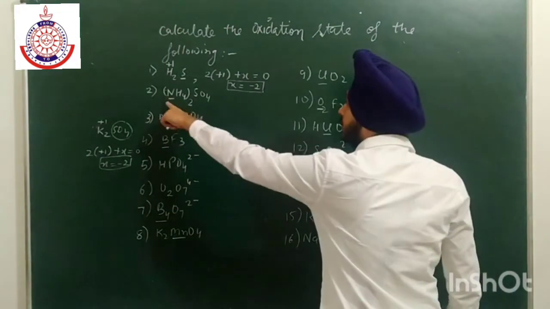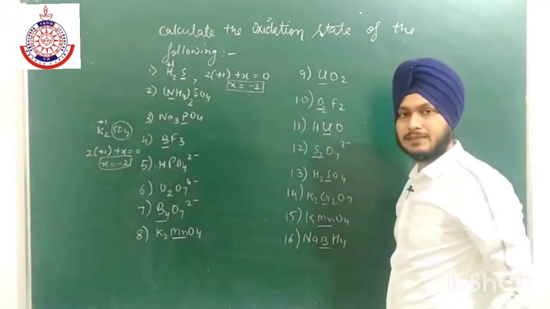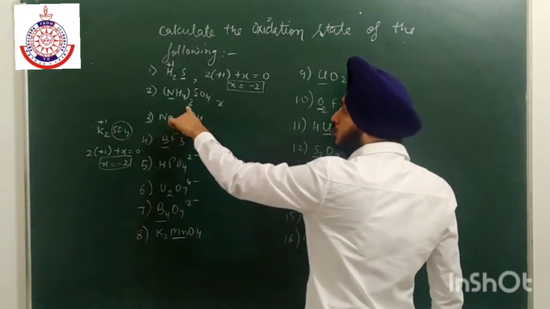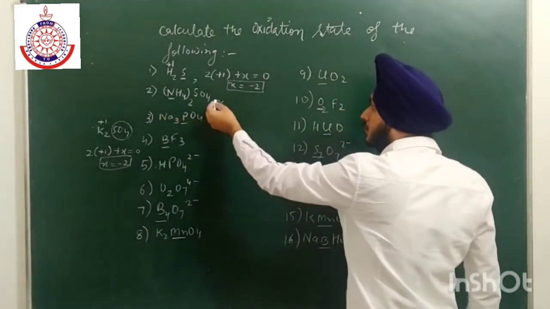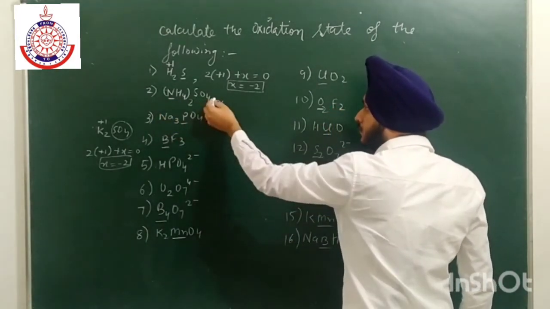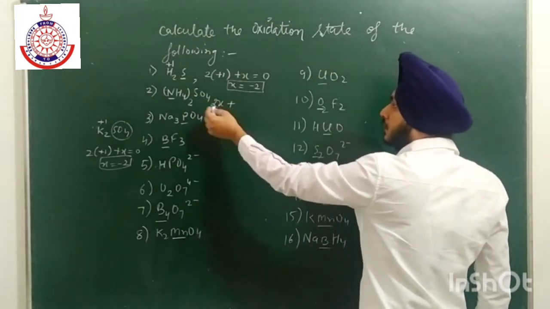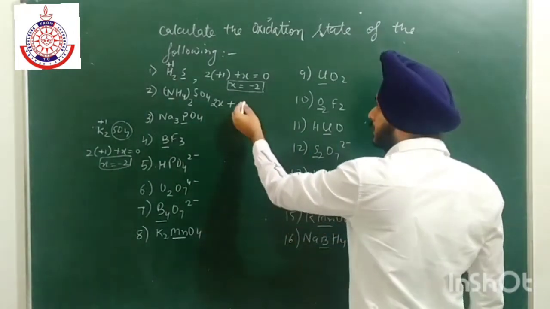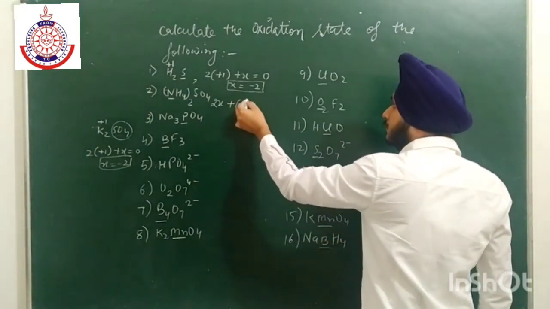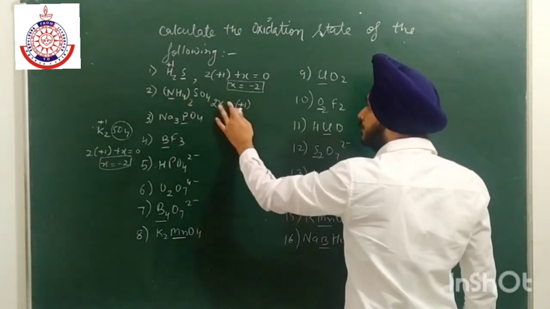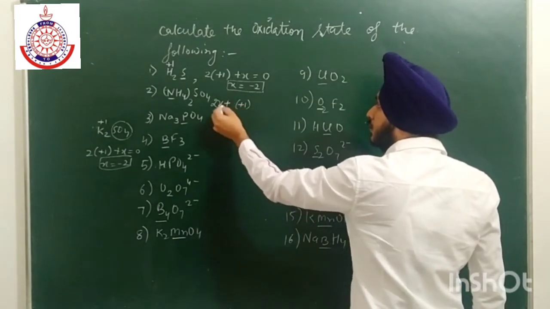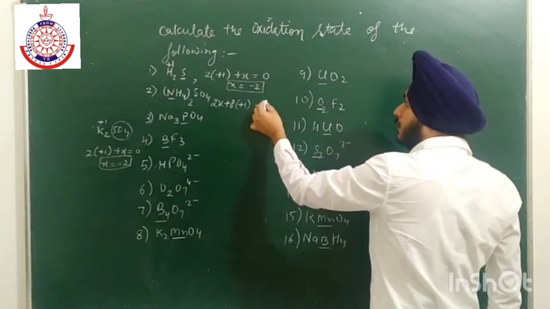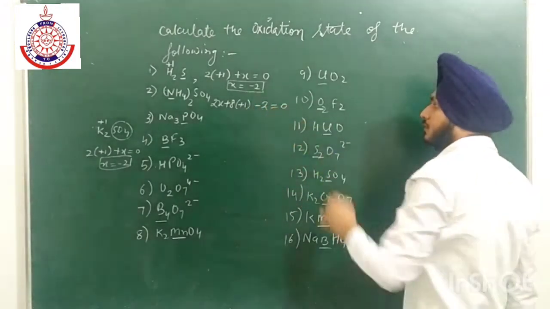Now the oxidation number of nitrogen is taken to be X. There is 2 multiplied with the nitrogen, so 2 into X plus, since hydrogen is attached to a non-metal, its oxidation number is +1, so +1 into 4 hydrogen atoms, that is 4 into 2, 8, and -2 of SO4 is equal to 0.